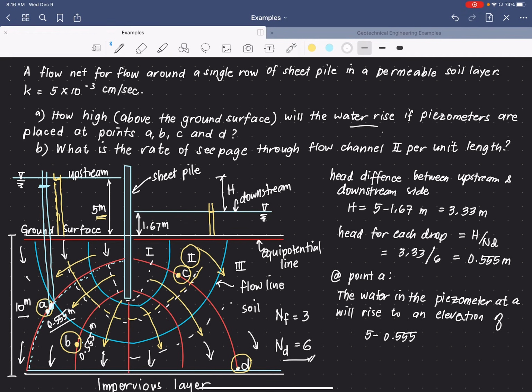So here at point A, the reading at the piezometer would be 4.445 meters, and this is above the ground surface.